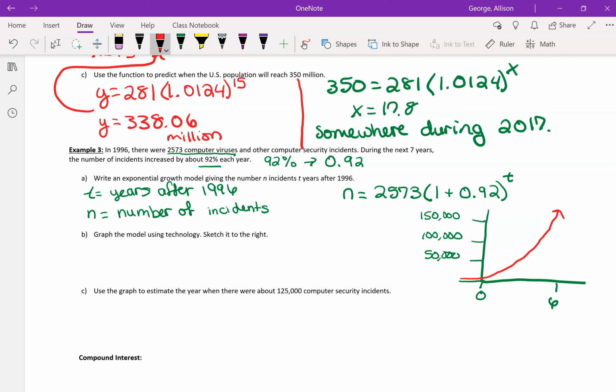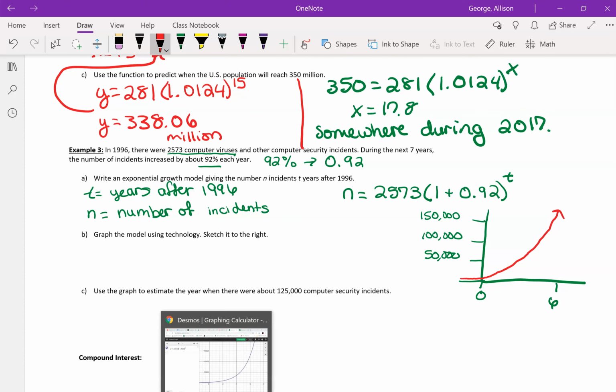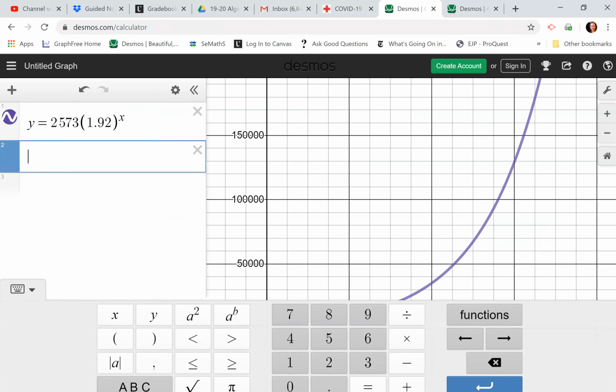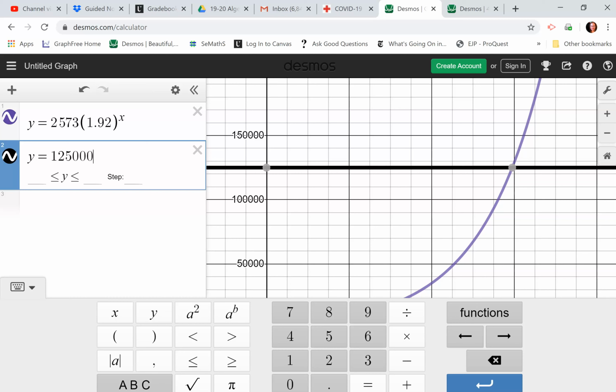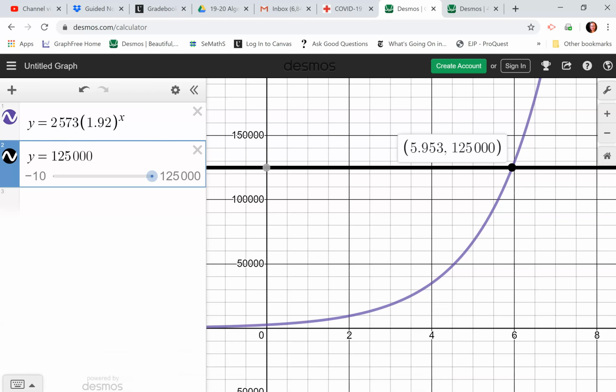All right, and then part C says use the graph to estimate the year when there were about 125,000 computer security incidents. So I'm jumping back to Desmos again and letting it do the work for us. So y equals 125,000. There we go. Tap your button. It's going to let us know.